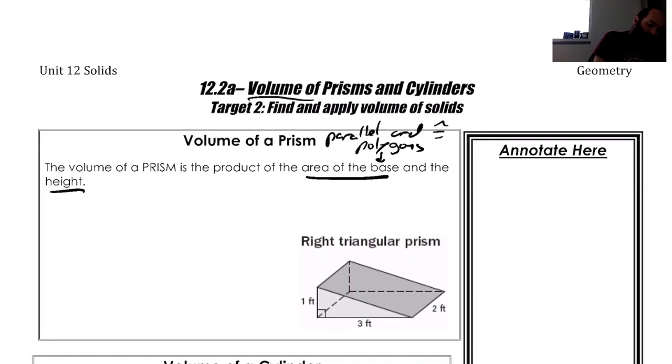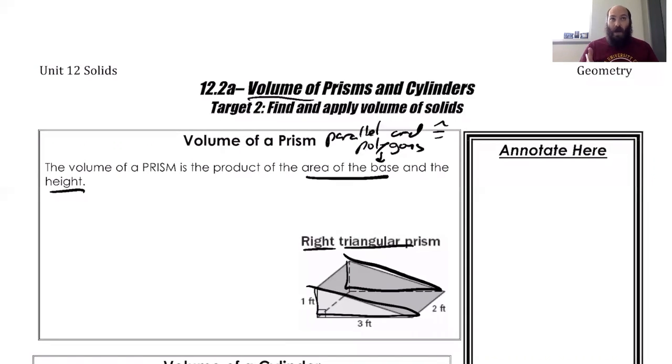That's why we have a right triangular prism, because that is parallel and congruent to that. The base is not the bottom, it's the two shapes that are congruent to each other and parallel to each other. Height is the perpendicular distance. So in this case, this is my height. This is what my formula looks like: it is area of the base times the height.